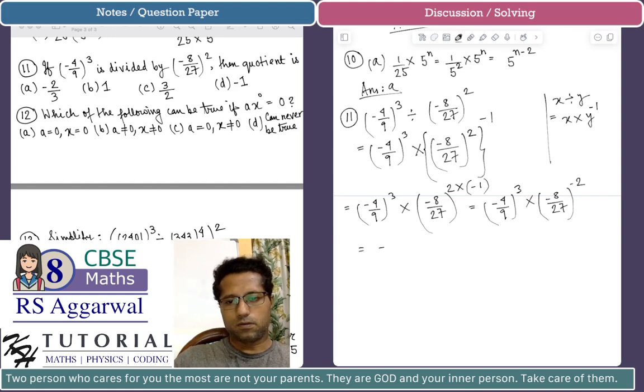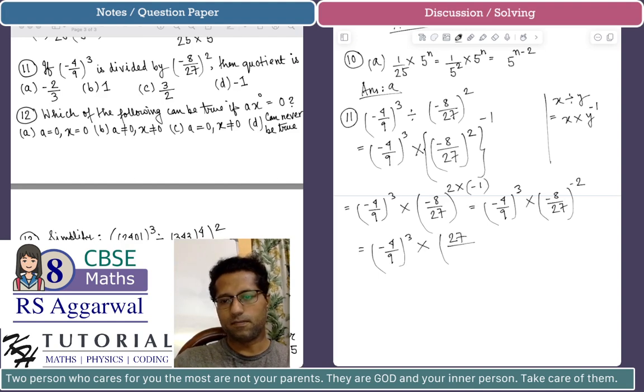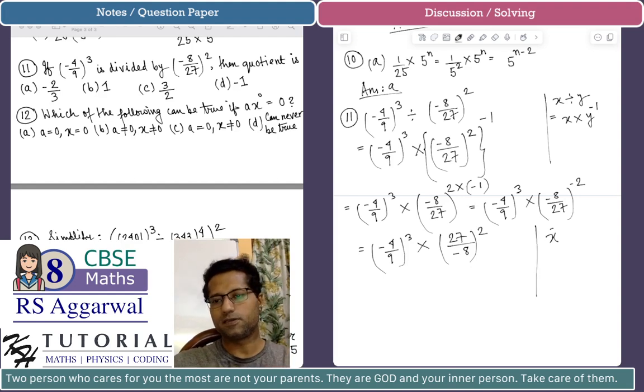Now minus 8 by 27 raised to the power minus 2 means 27 by minus 8 raised to the power 2. Why? Because we know that x to the power minus m is equal to 1 by x to the power m.